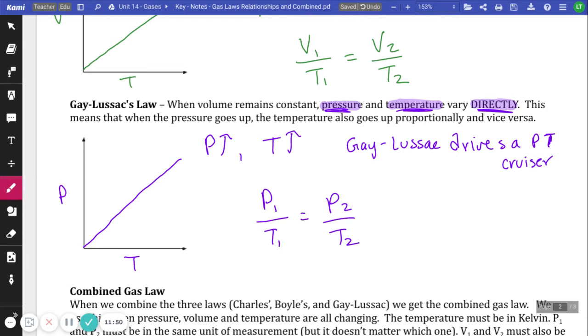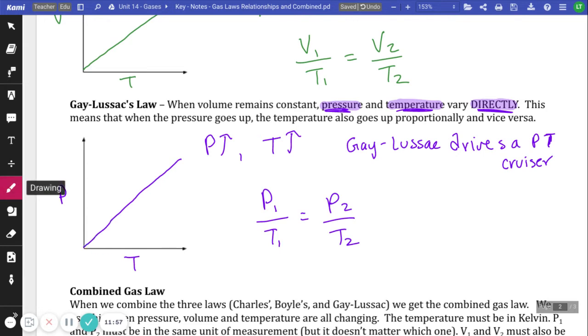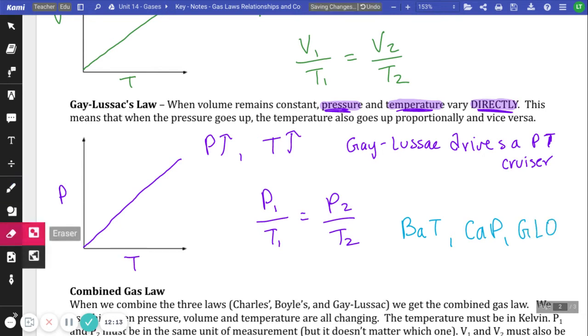There is one more phrase you can use to help you remember, which focuses on which variable stays constant. The phrase is: to play baseball, you need your bat, you need your cap, and you need your glove.